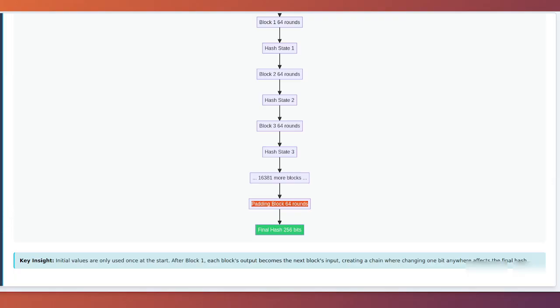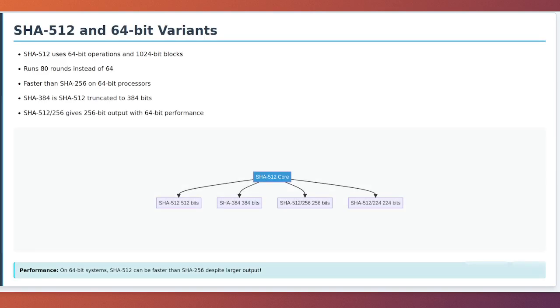SHA 512 and 64-bit variants. SHA 512 is the 64-bit cousin of SHA 256, and understanding their differences helps illuminate why we have multiple variants. SHA 512 uses fundamentally the same algorithm structure as SHA 256 but scales everything up. Instead of processing 512-bit message blocks, SHA 512 processes 1024-bit blocks.